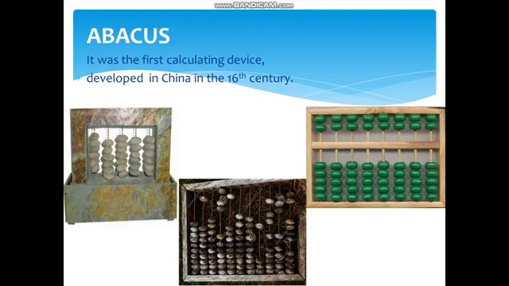Again you can see the pictures of the abacus. Nowadays we can see a polished abacus. Beads and rods are used for this. Such abacuses are still in use. And it is the first calculating device. You have to understand, the abacus was the first calculating device.